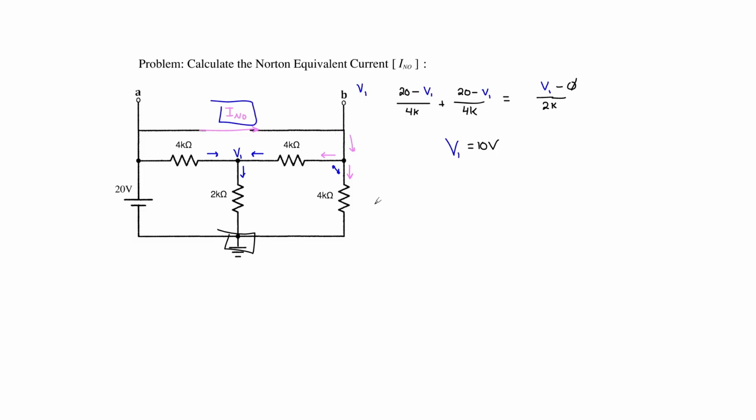So, solving this, our I_N is going to be equal to the branch current here, which we've already evaluated, 20 volts less our V1 divided by 4 kiloohms, plus the branch current of the second, which will be 20 volts divided by 4 kiloohms.